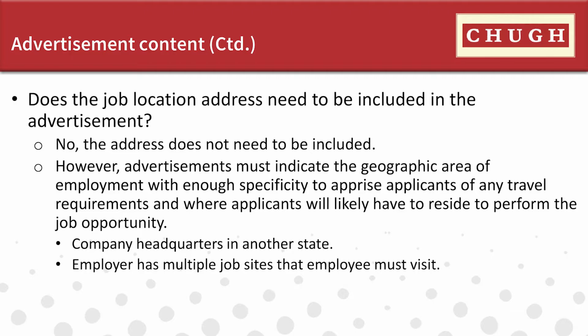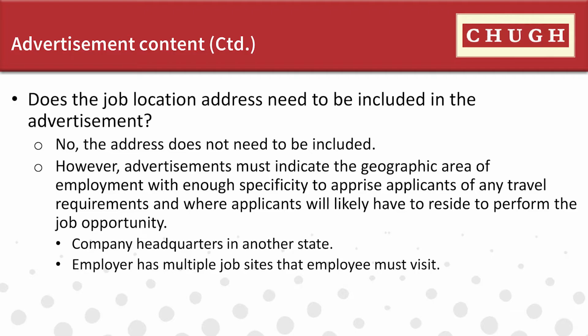And along with that, if there's any kind of travel requirement, or the need for an interested job applicant to reside in a different location other than the main principal place of intended employment, that information will also need to be included as part of the PERM job ads that are posted.